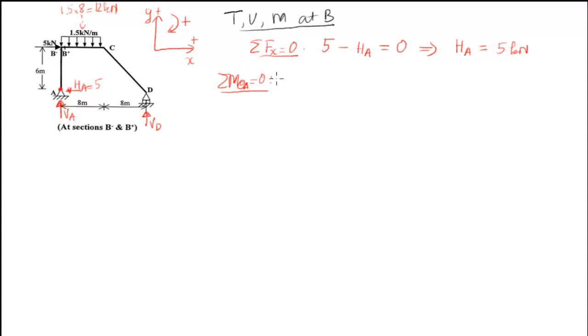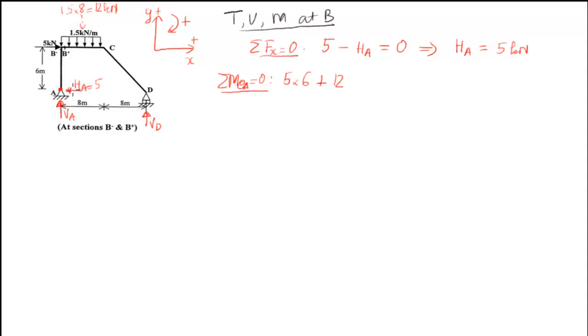So now we got 5 kilonewton. This goes clockwise around A, so positive 5 times the lever arm, which is 6 meters here. So 5 times 6, okay. And then plus 12 kilonewton here. The 12 goes clockwise around A, so positive 12 times the lever arm, which is from the 12 to A, which is half of 8, right?